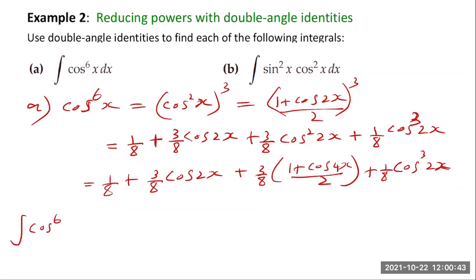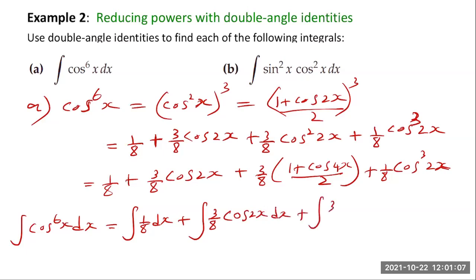The integral of cosine 6x dx is equal to the integral of 1/8 dx plus the integral of 3/8 cosine 2x dx. Of course, I can work this constant out if I want, but let me write it like that for the time being. Plus the integral of 3/8 times (1 plus cosine 4x) divided by 2 dx.